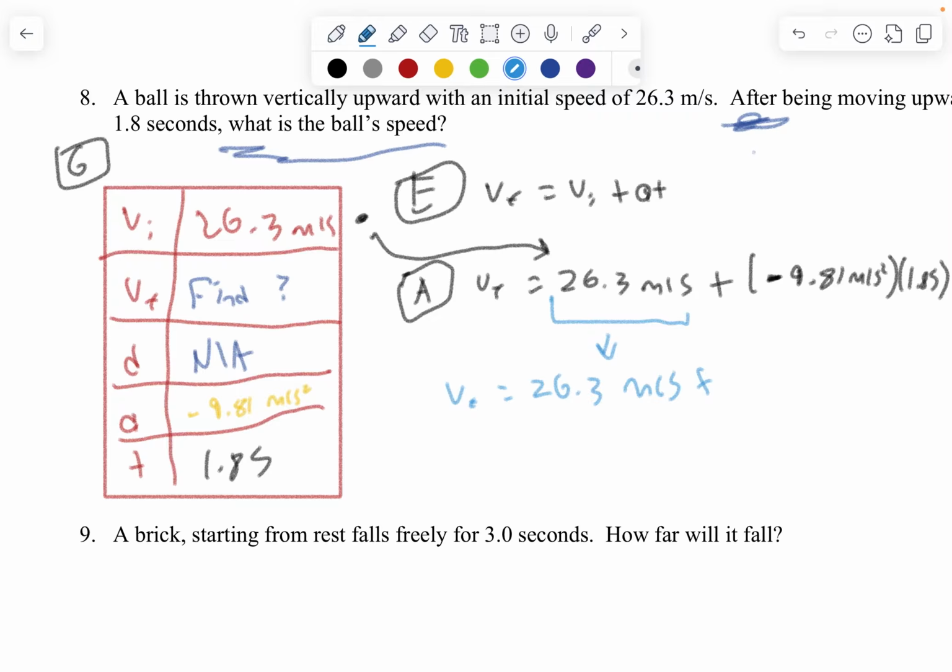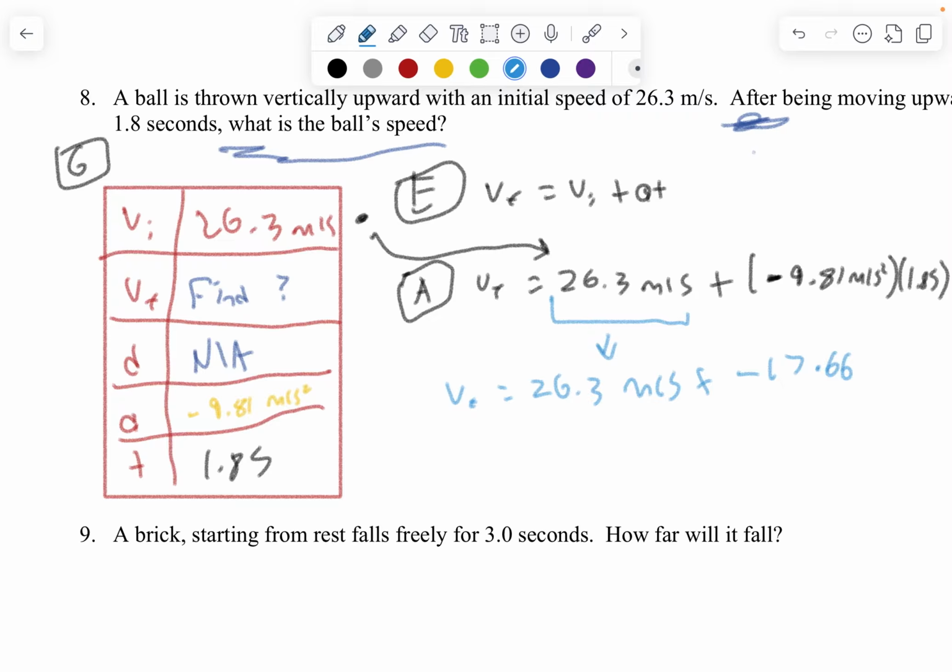Let's do that on our calculator. 1.8 times 9.81 equals 17.658. But remember, this is negative because we're multiplying negative 9.81 meters per second squared times 1.8 seconds. So this will be negative 17.658. I will round to the nearest hundredth and say 17.66.